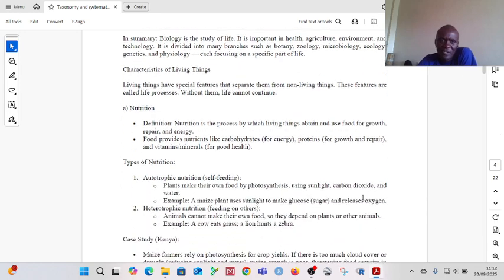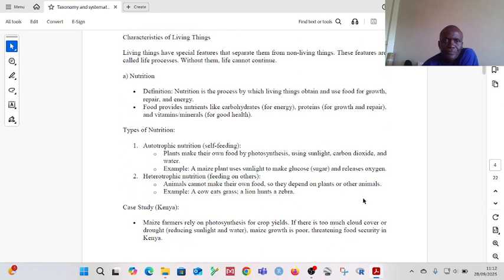One of those characteristics is nutrition. Nutrition is the process by which living things obtain and use food. It has to obtain food. Then once it has obtained that food, it uses it, it eats it. Then that food will be used for growth, for repair, and for the provision of energy.